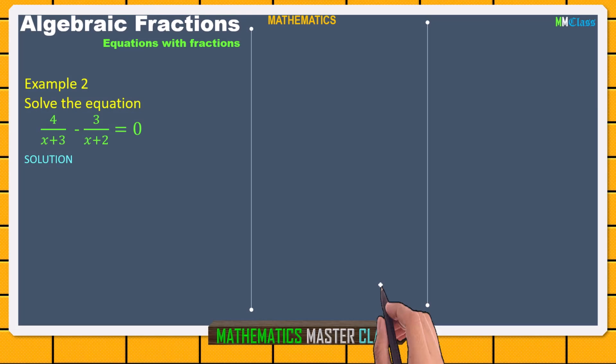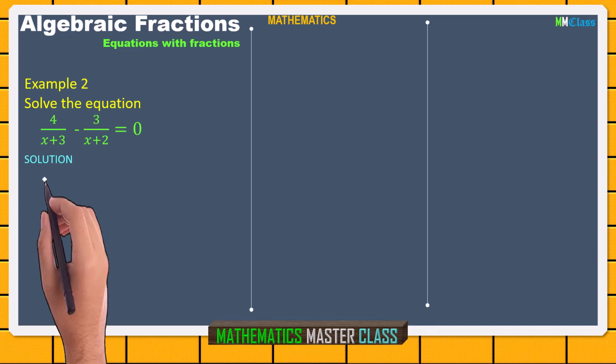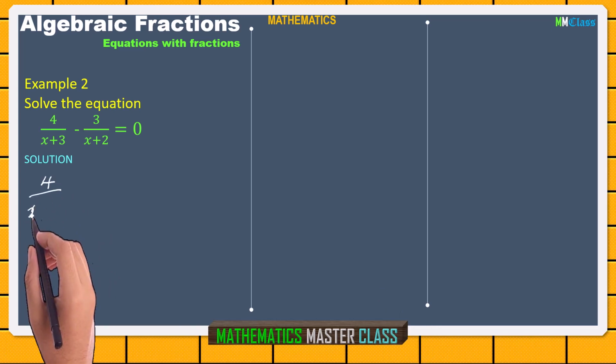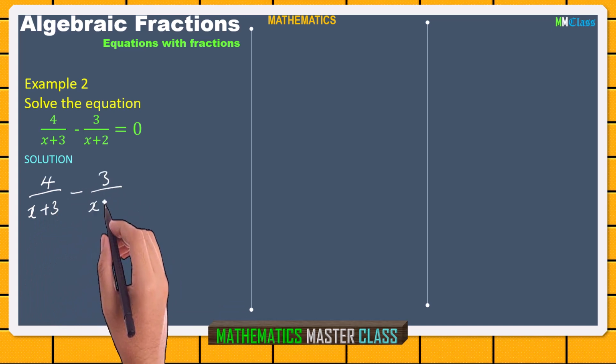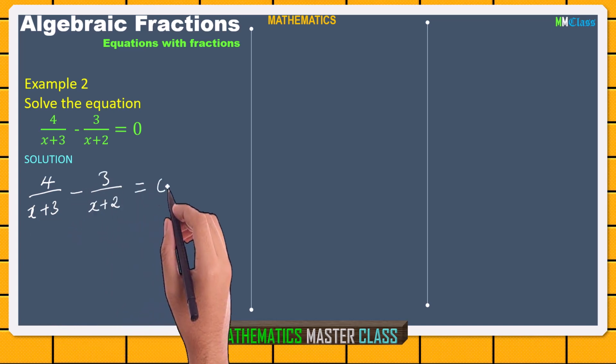Example 2. Solve the equation 4 over x plus 3 minus 3 over x plus 2 is equal to 0. This is also an equation involving fractions. So we are going to solve it by, first of all, we have 4 over x plus 3 minus 3 over x plus 2 is equal to 0.